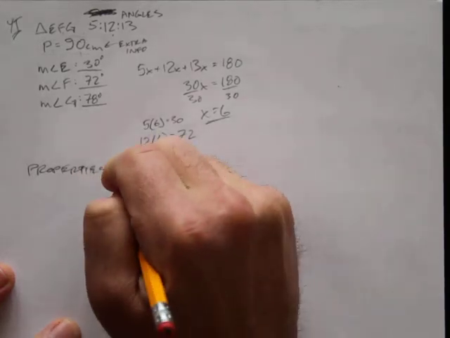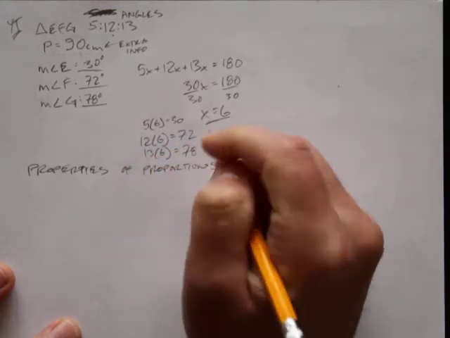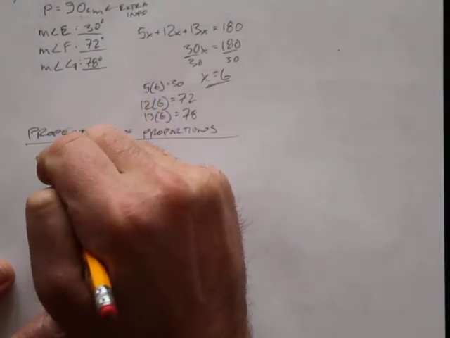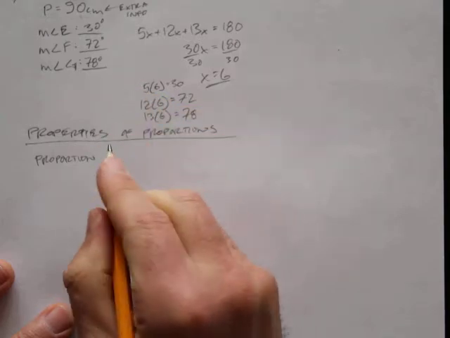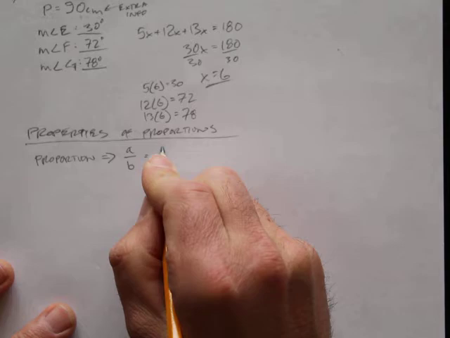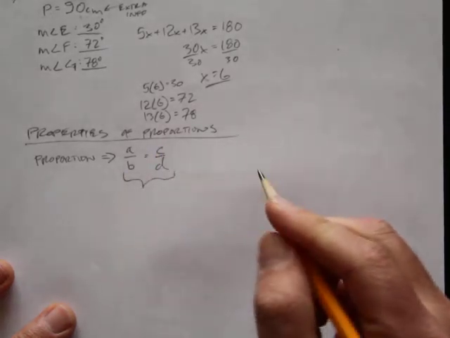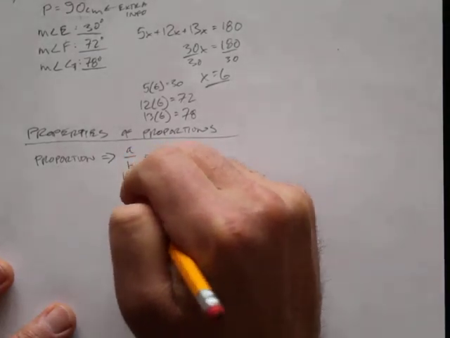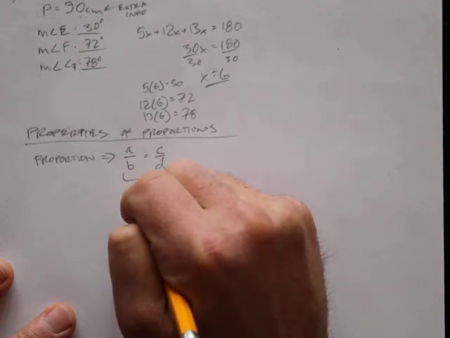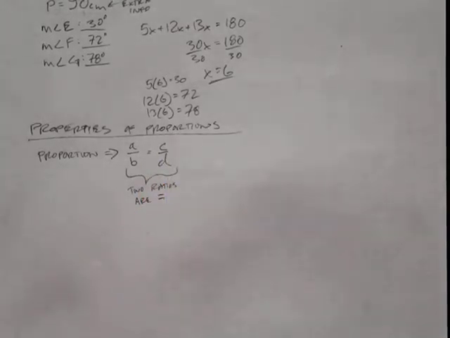So a proportion is like this: A over B equals C over D. I've got two ratios that are equal or equivalent. So a proportion is two ratios that are equal to one another.